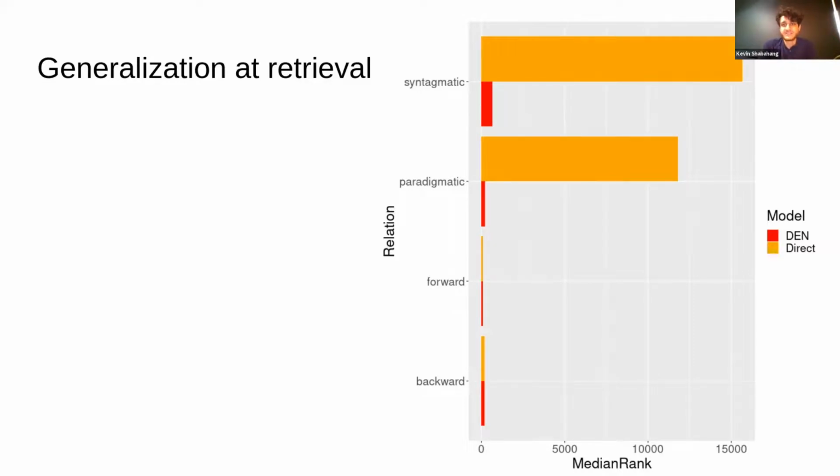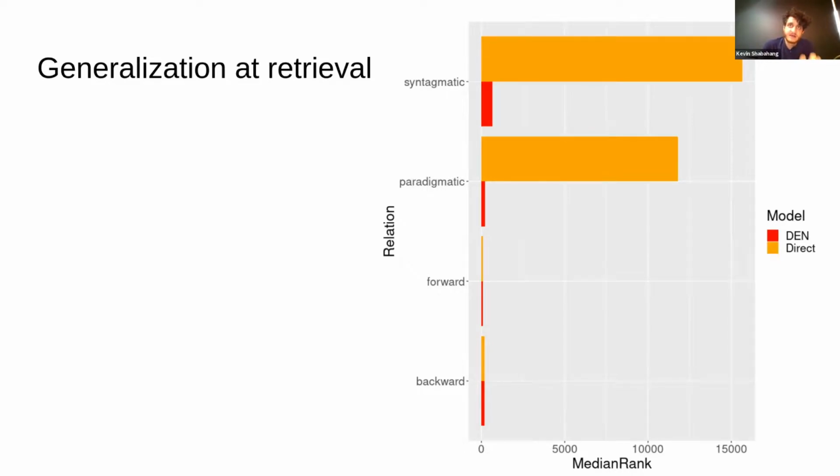What's really interesting is that here I'm showing you the steady state activations. That's the dynamic eigennet in red, and the direct associations shown in orange. What you can see here is that the rank of the words' activations goes up for syntagmatic and paradigmatic pairs when you run recurrence at the steady state.